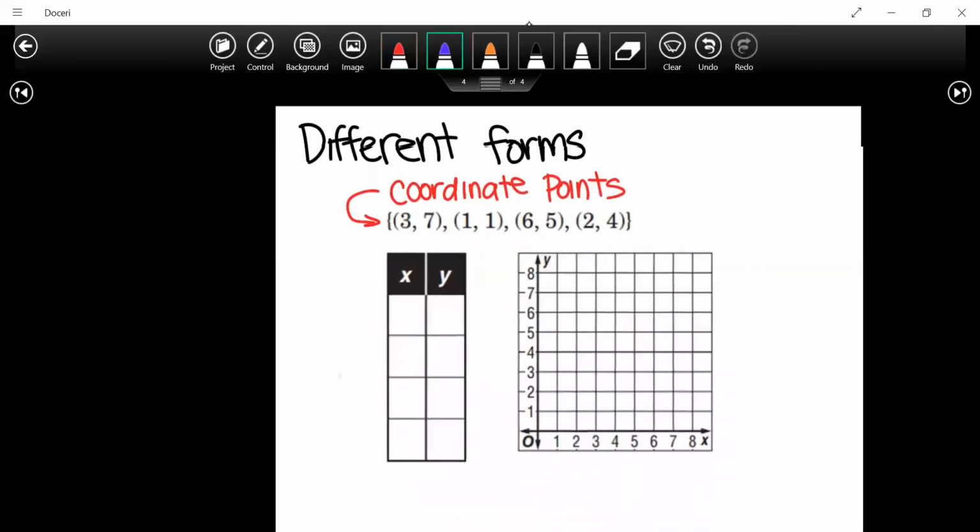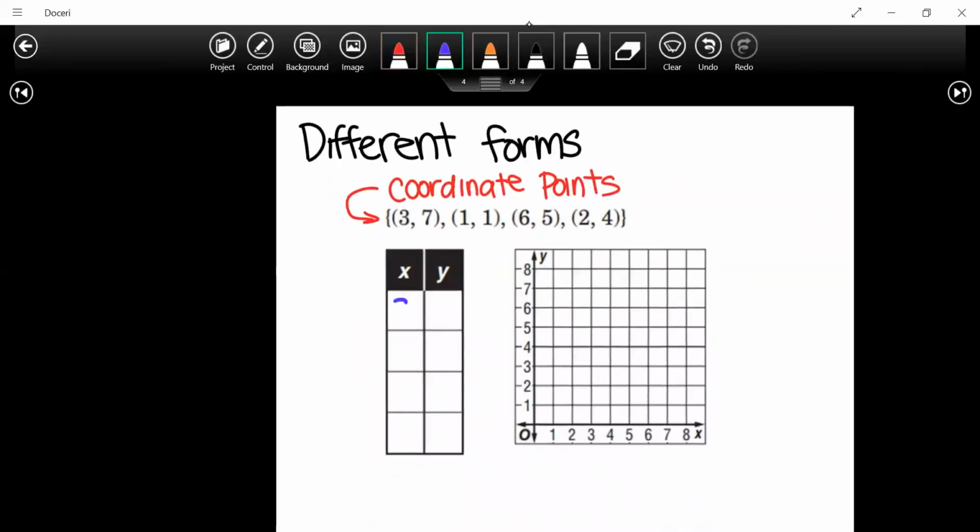We can take those and transfer them into our table. So 3, 7, 1, 1, 6, 5, 2, 4.